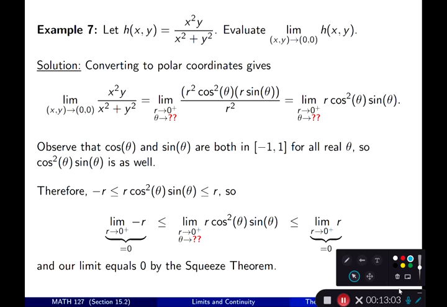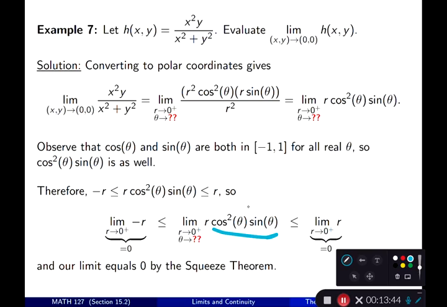So basically this is a consequence of the squeeze theorem: if you have a bounded function like cosine squared theta and sine of theta, bounded between -1 and 1, and you multiply it by a function that is going to 0 at some point, then the limit of the entire product goes to 0.